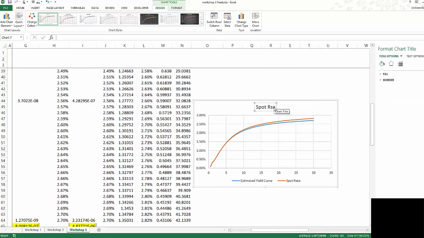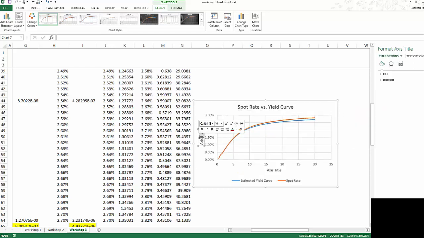So spot rate versus yield curve. Add our axis titles. So on our y-axis we have our rate, and on our x-axis we'll have maturity.